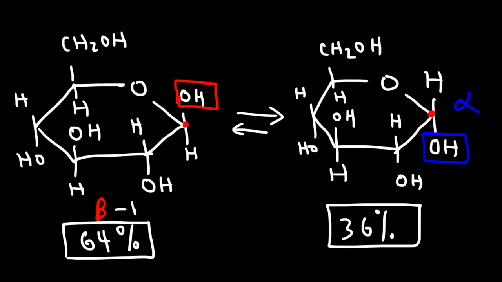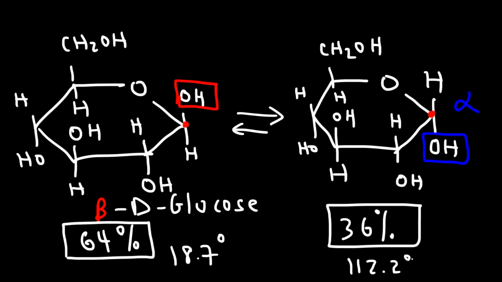Now, there are some other things that you need to know. The specific rotation of beta D-glucose is 18.7 degrees, and that's how much it rotates plane polarized light. And for alpha D-glucose, the specific rotation is 112.2.